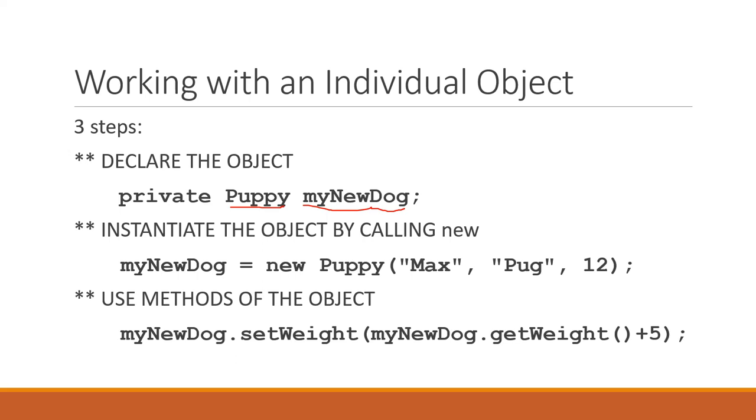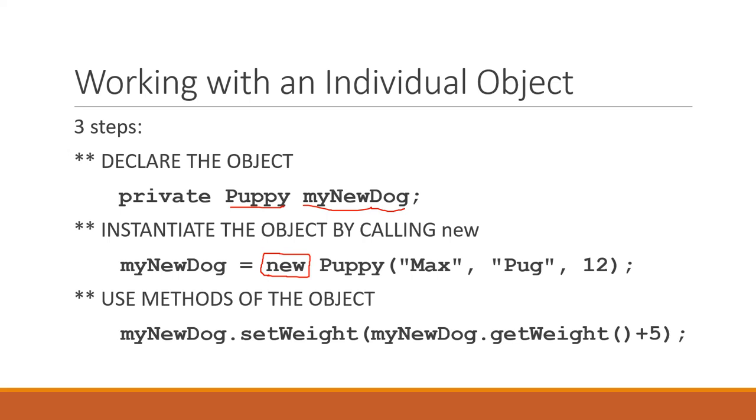Okay, then once the object has been declared, we instantiate the object by using the new keyword. And when you instantiate an object, this should be review, it's the name of the object equals new, and then the name of the class it comes from. And then inside parentheses is a comma-separated list of values that will be used to initialize the properties of the object.